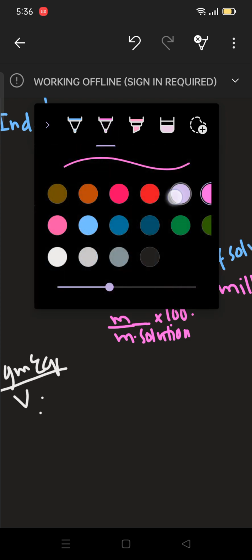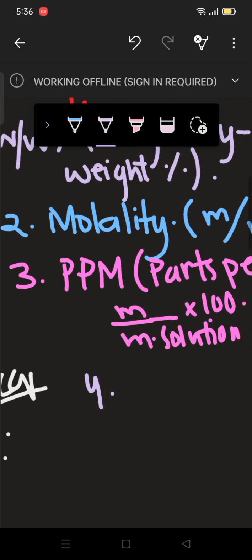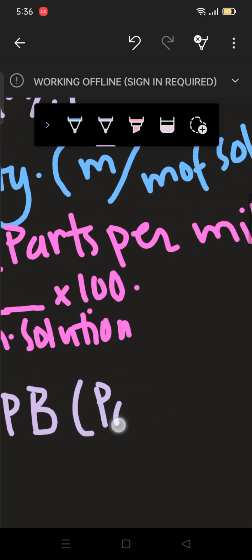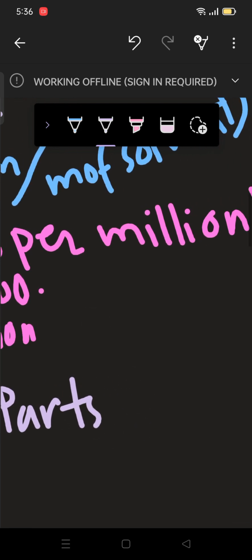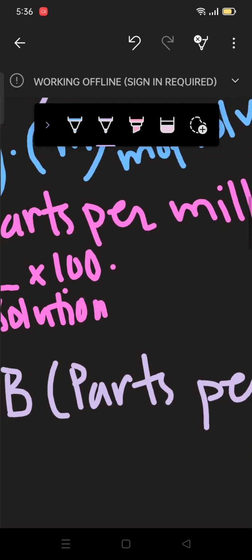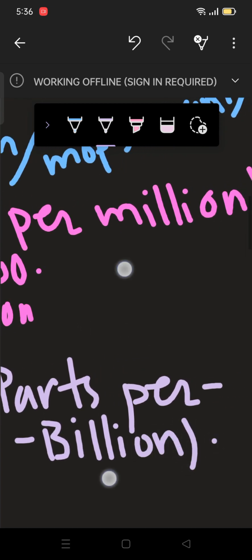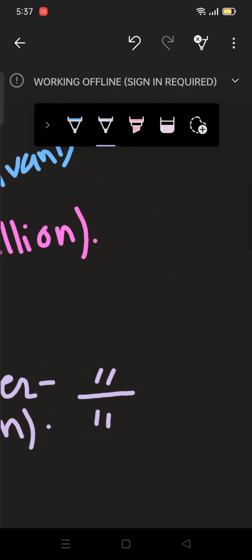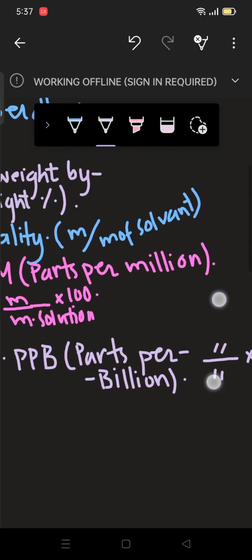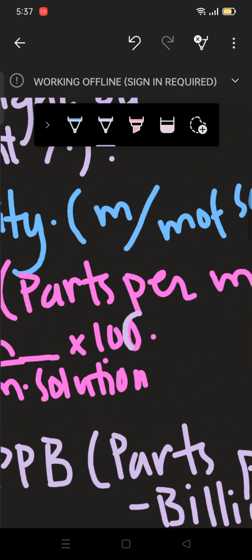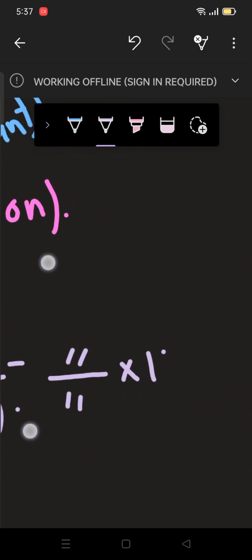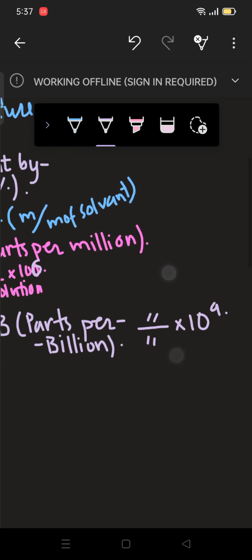Then the last one would be here ppb, parts per billion, right? The formula same, mass of solute upon mass of solution into 10 power 9. Not 100 here, however 10 power 6, since we know that actually million is 10 power 6 and billion is 10 power 9. Okay.